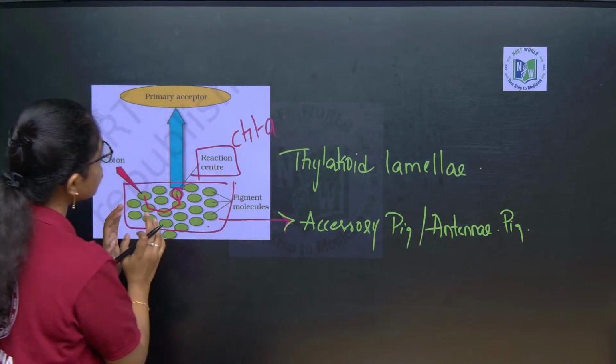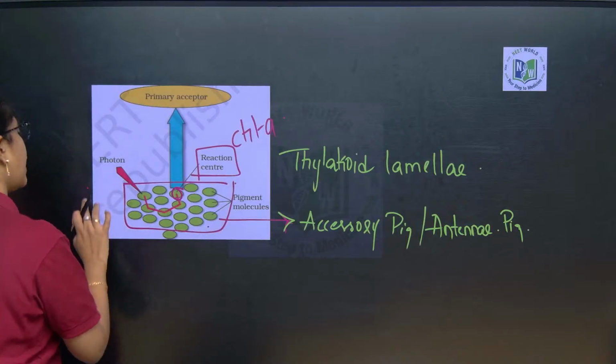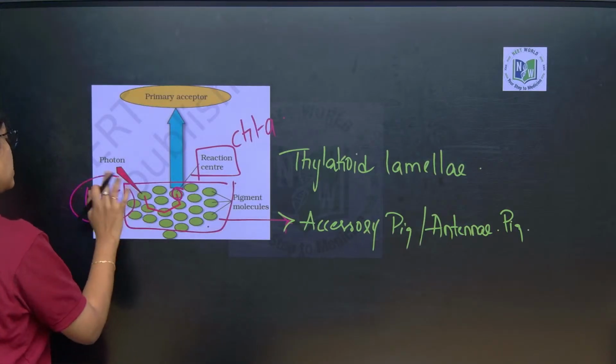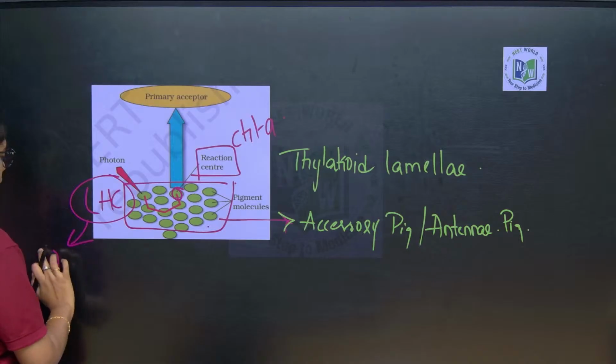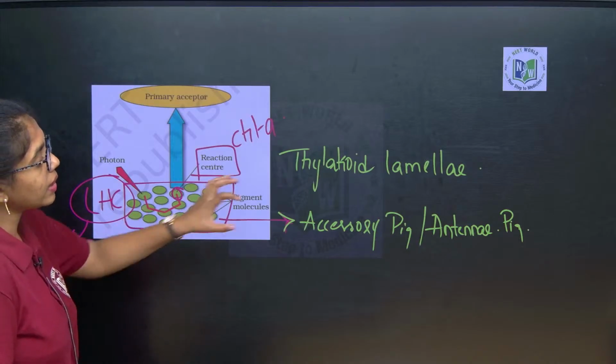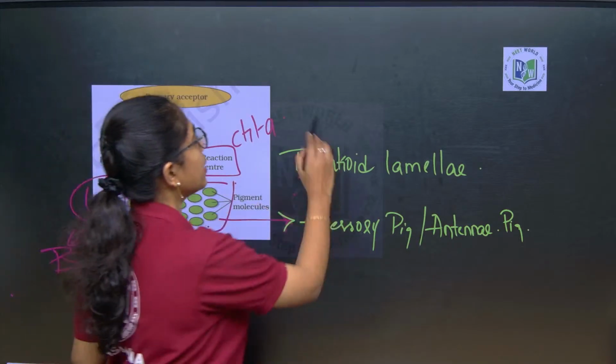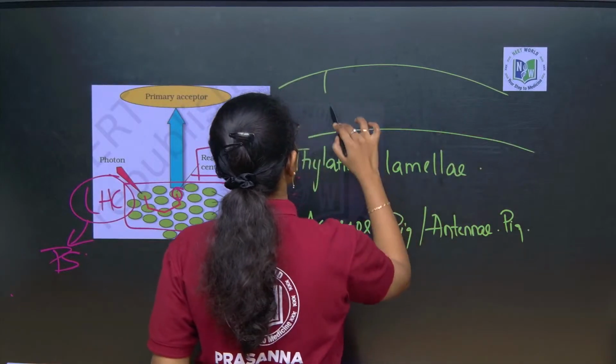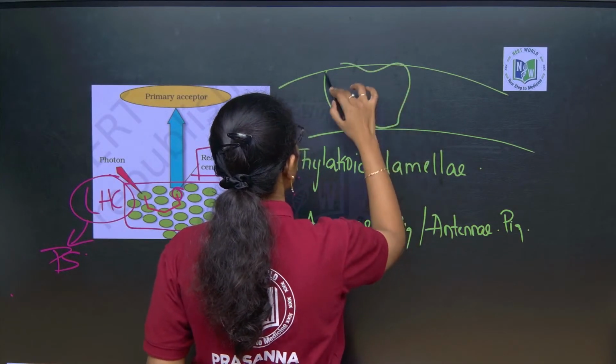So, all these molecules come under light harvesting complexes, which are present inside the photosystems in the thylakoid lamellae. In the thylakoid lamellae, you can clearly come across the photosystems.